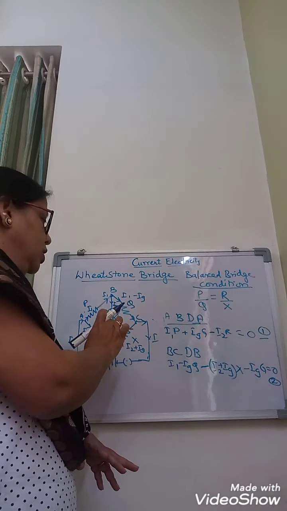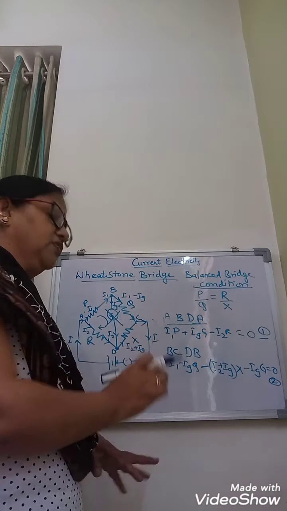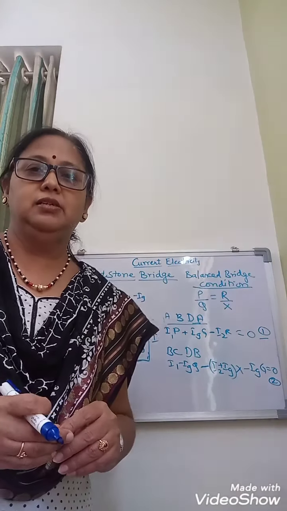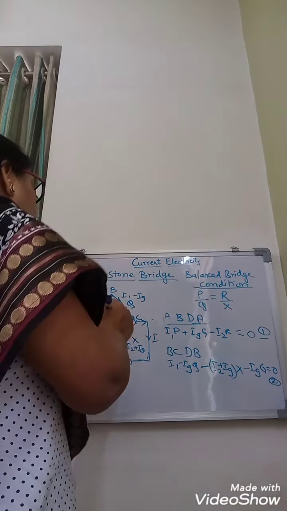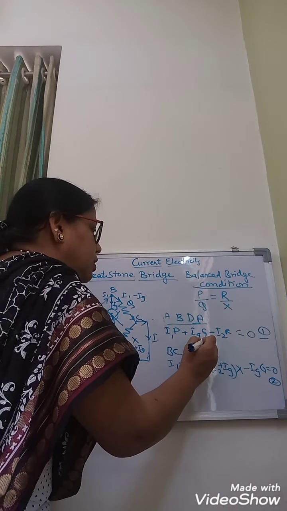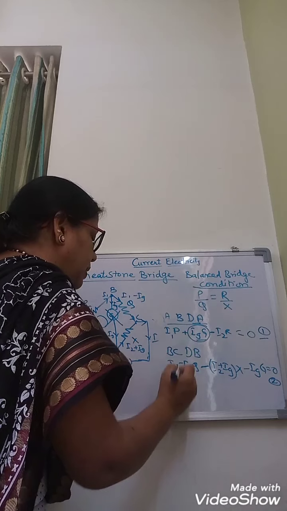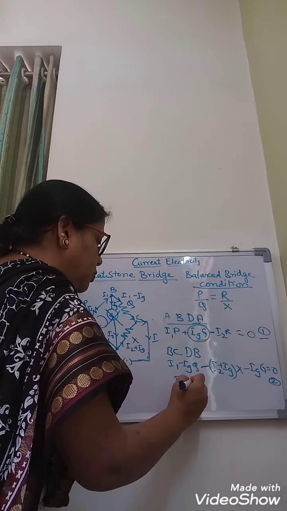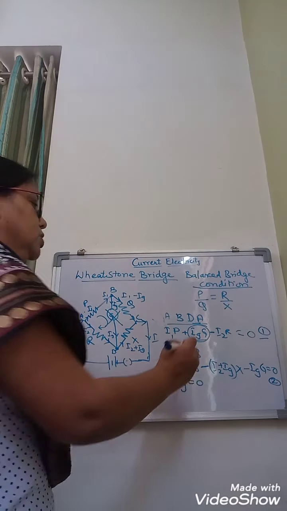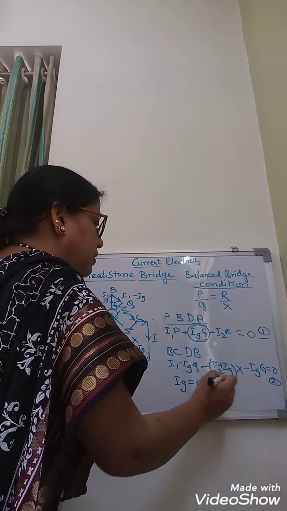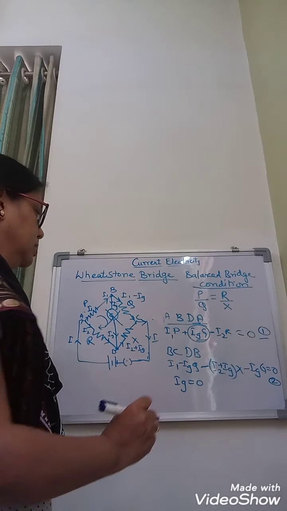No current is flowing in this branch, so the resistance of the galvanometer gets cancelled. It becomes 0. So in the balanced bridge condition, we have to put Ig equal to 0. Wherever Ig is there, you have to go on putting 0.